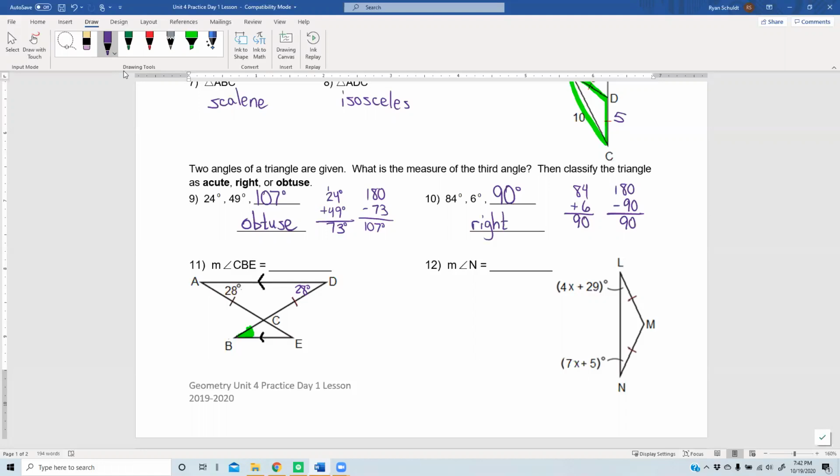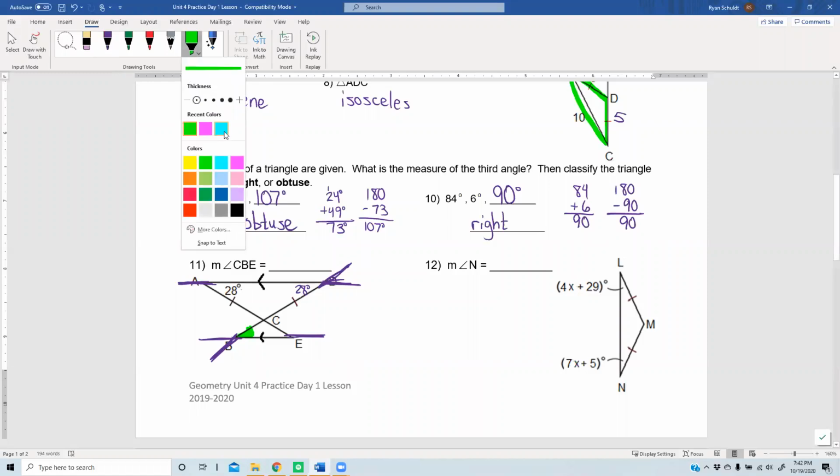Now, they tell us that AD is parallel to BE. Well, if I extend these lines out some, hopefully we can see some kind of relationship going on here. I have this 28.